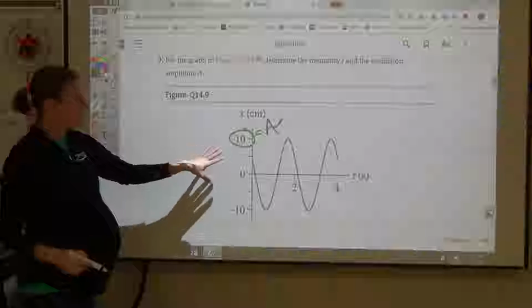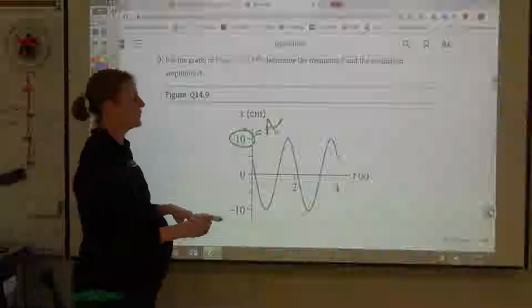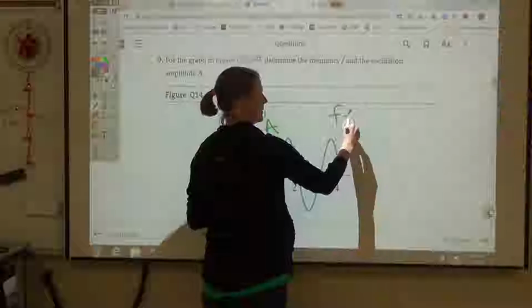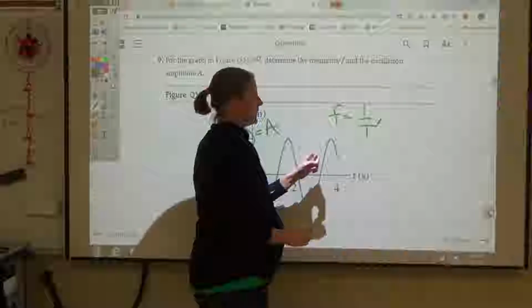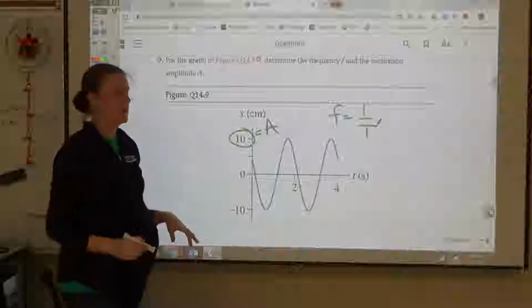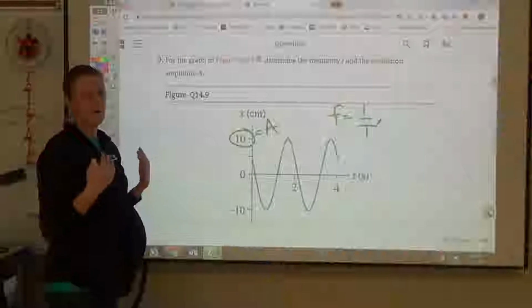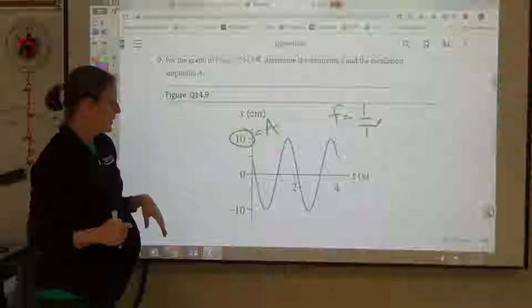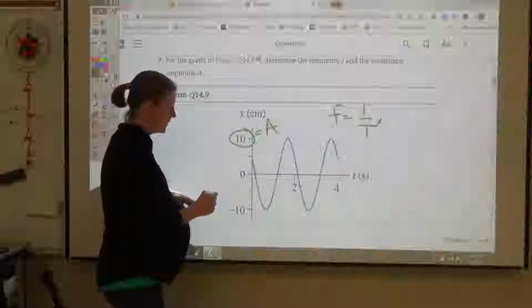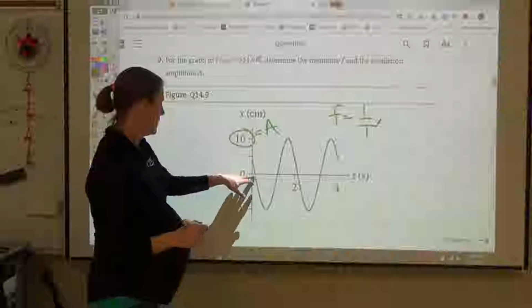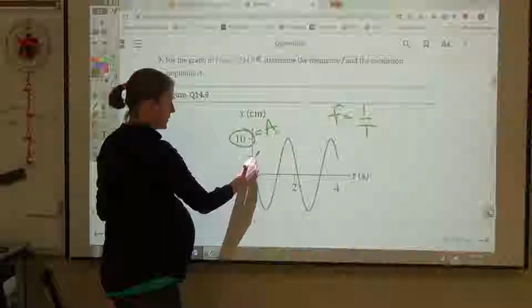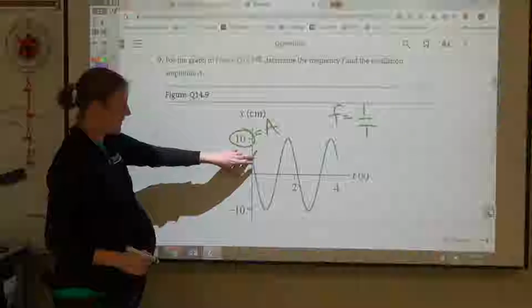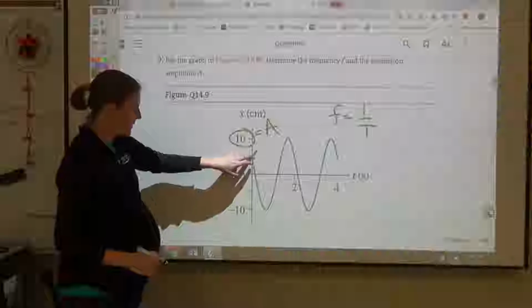Frequency doesn't directly tell me, but I know frequency is related to period. And hopefully you remember what period means. Period is the time for one full cycle, time for one full oscillation. We're starting here at about 5. Where do I get back to that spot?